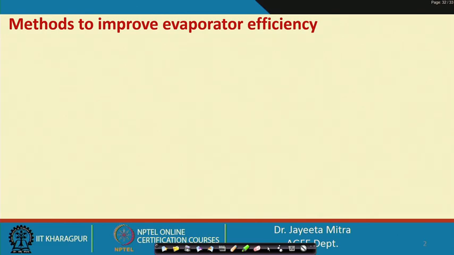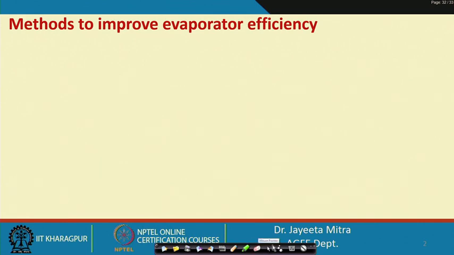So, that is one way to increase the steam economy, that is, the steam needed to evaporate the amount of vapor from the liquid that we are concentrating using evaporation.